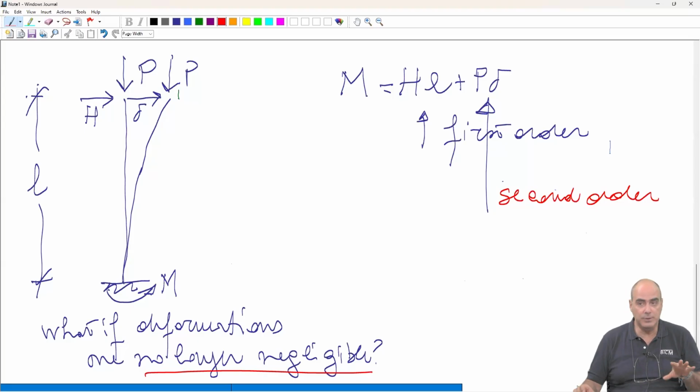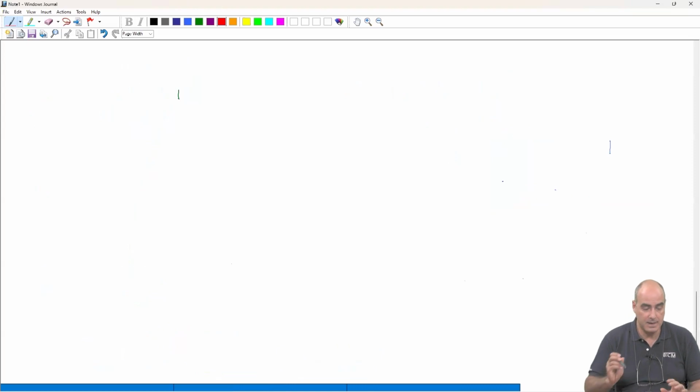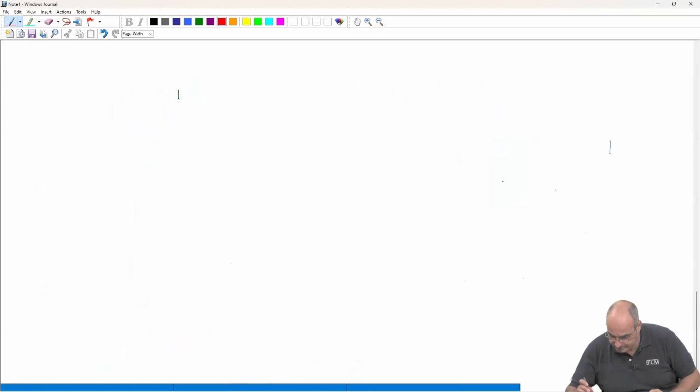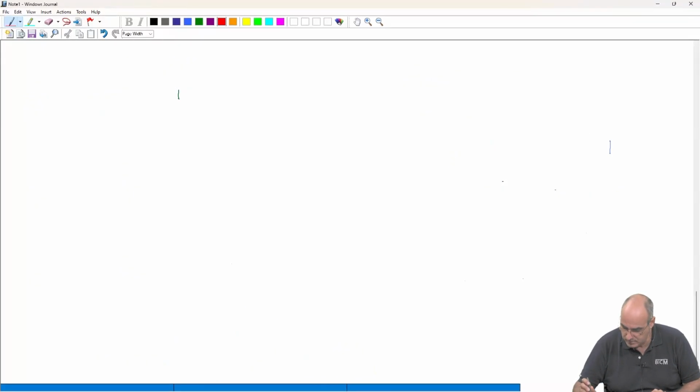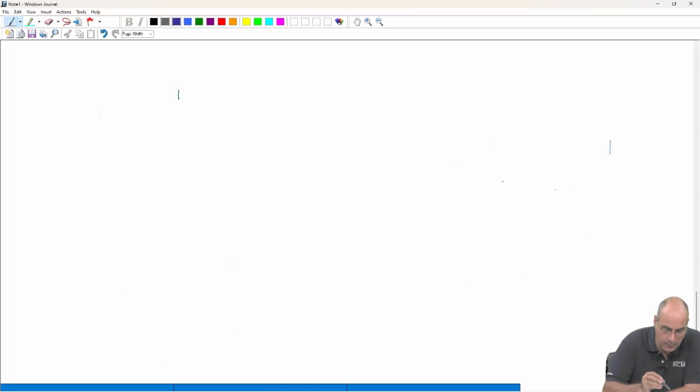Now, how do we do that? There is a little math, but it's very, very simple, as you will see. So let's draw back our column.